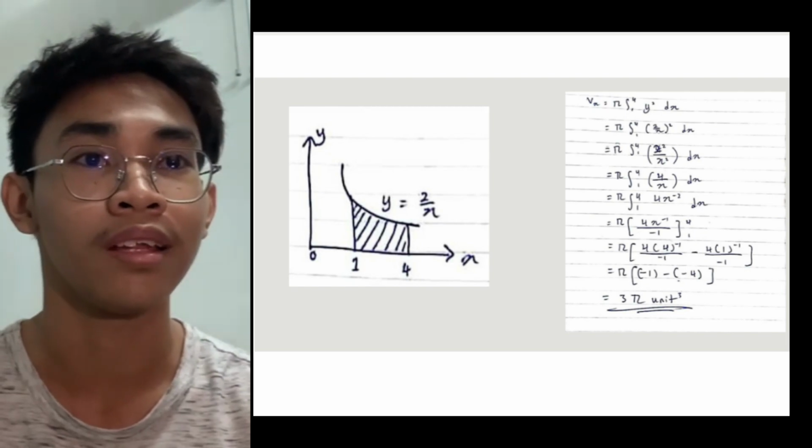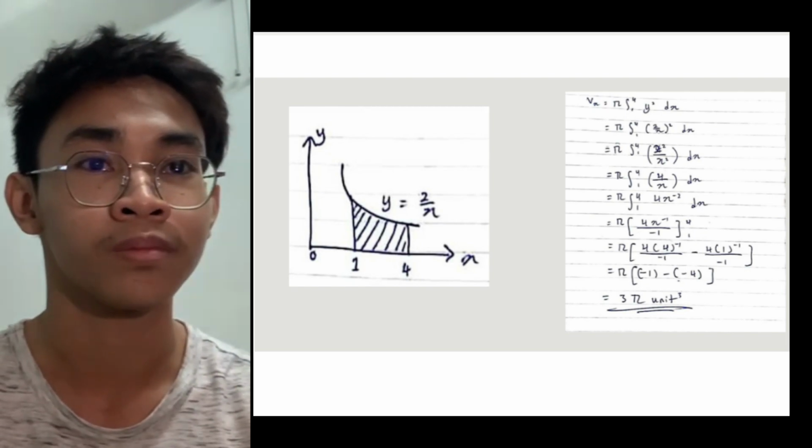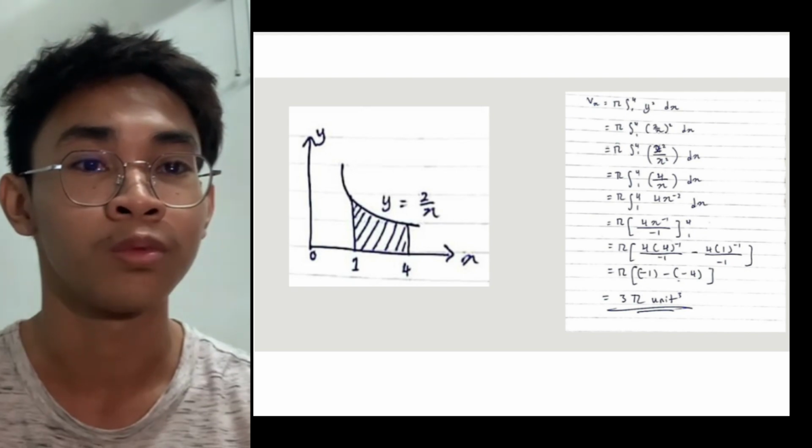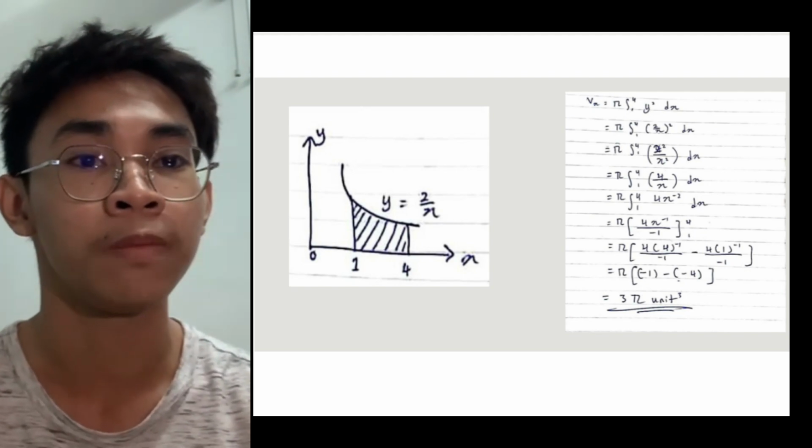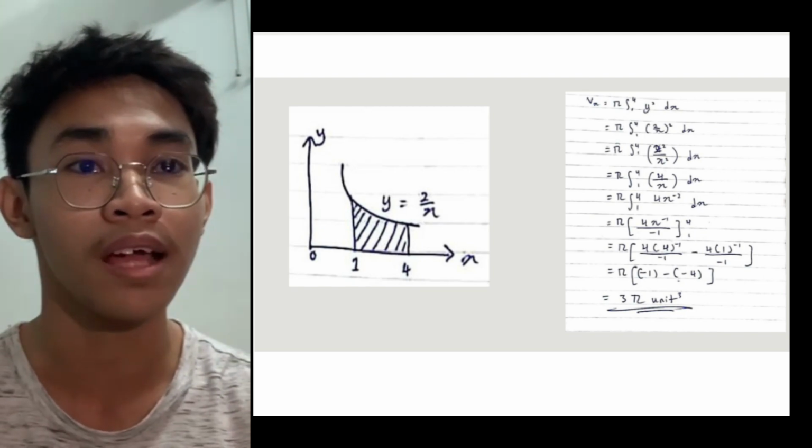We input it, so we have 2 squared over x squared. We multiply, and the answer is 4 over x squared dx.